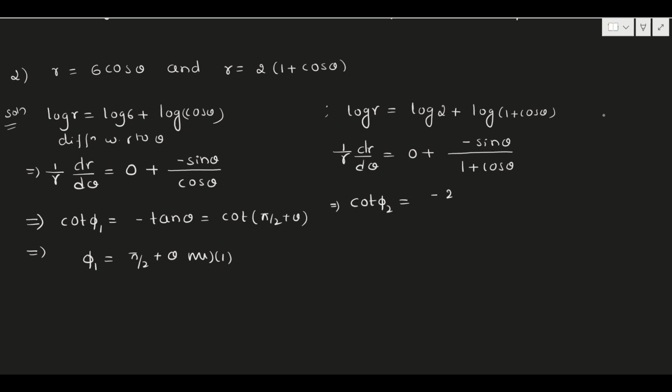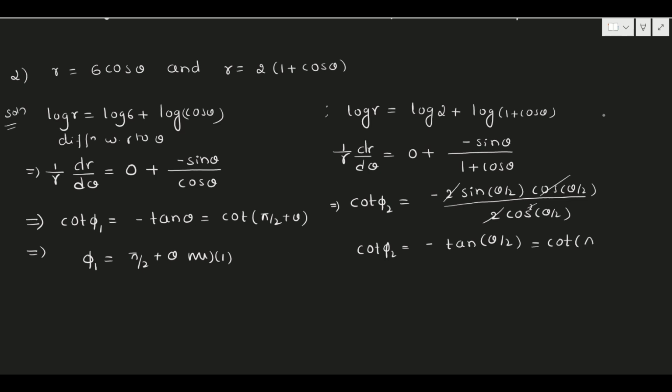Apply half angle formulas: 2 sin(theta/2) cos(theta/2) divided by 1 + cos theta, which is 2 cos square(theta/2). So 2 cancels, and one cos with one cos, leaving sin by cos. So cot phi 2 is minus tan(theta/2). Again minus tan(theta/2) can be expressed as cot of (pi by 2 + theta by 2). So it gives phi 2 as pi by 2 + theta by 2.